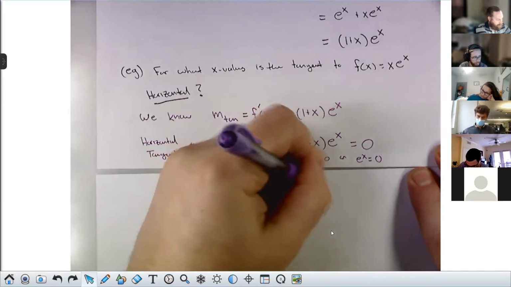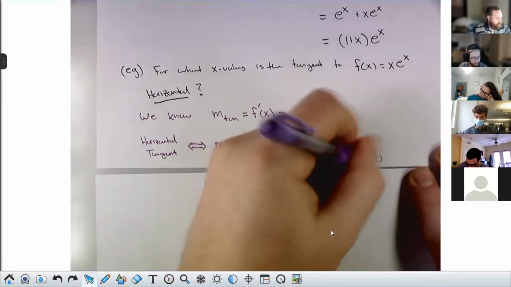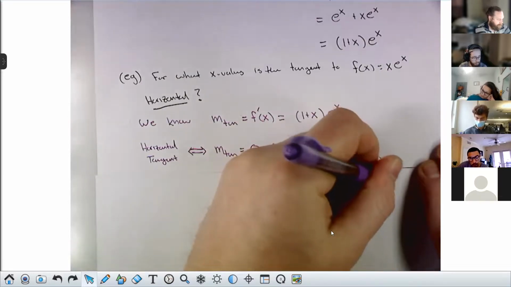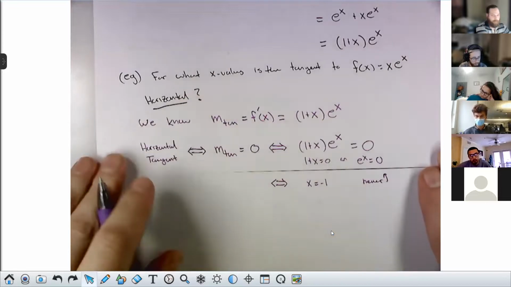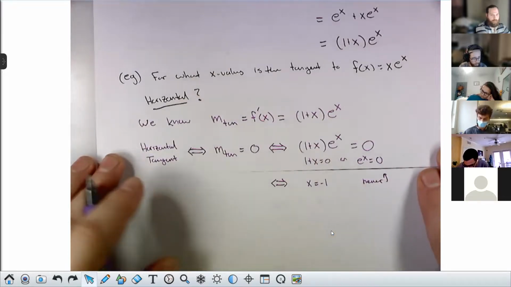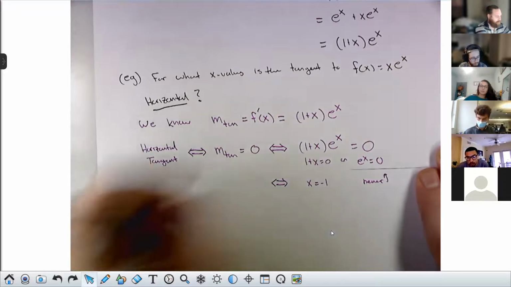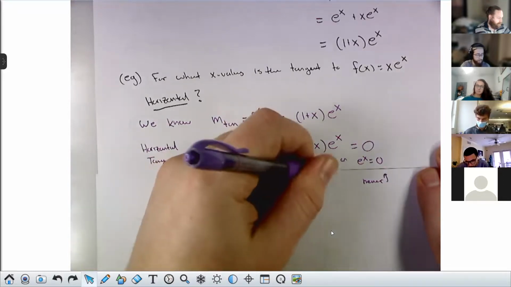If 1 plus x is 0, then x is -1. E to the x is never 0. This never happens. So for what x values is the tangent line to that graph horizontal? -1.